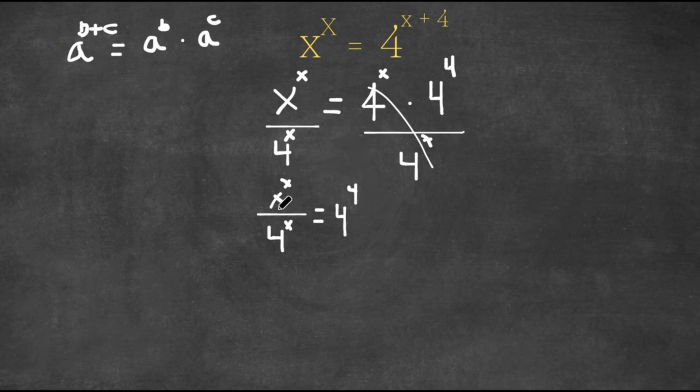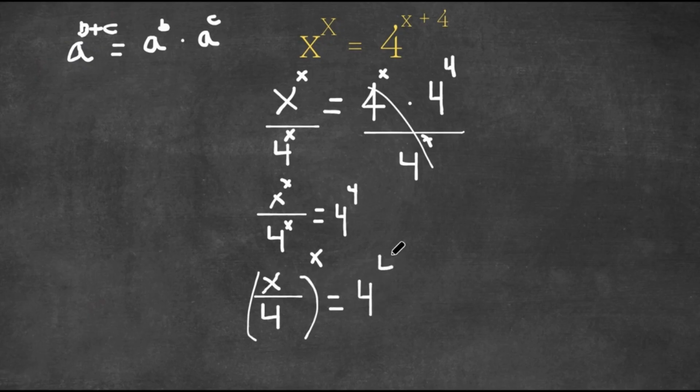Now we're going to change this into x over 4, all to the power of x, because both the numerator and the denominator are already to the power of x. So we're just putting the x over 4 and putting parentheses. And this is equal to 4 to the power of 4. Now we're going to take the 1/4 power of both sides.